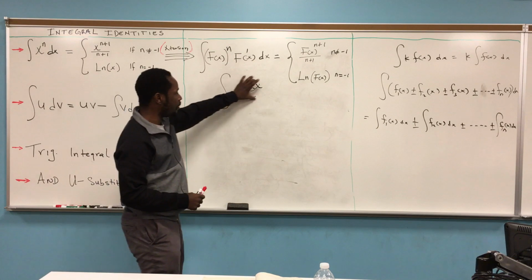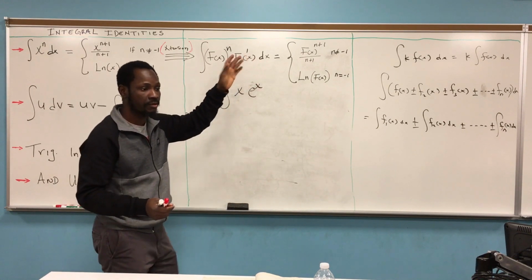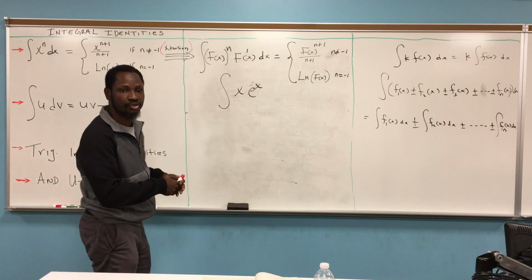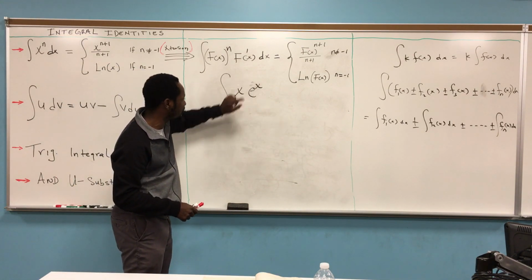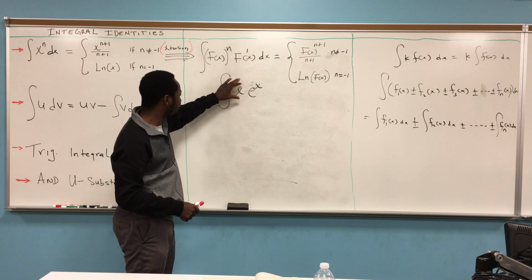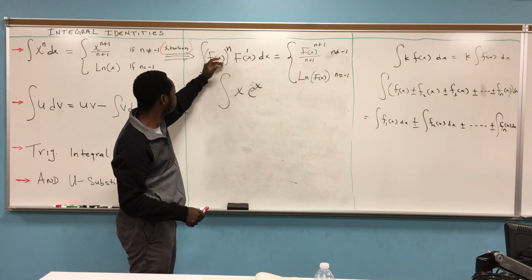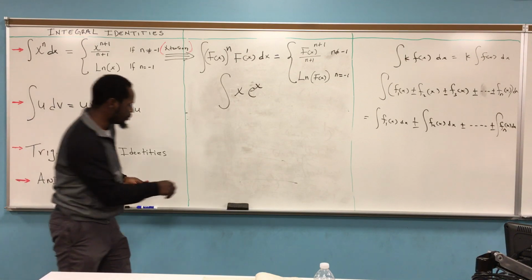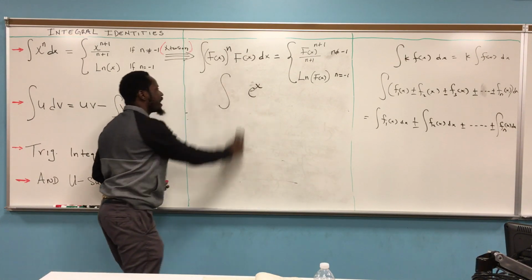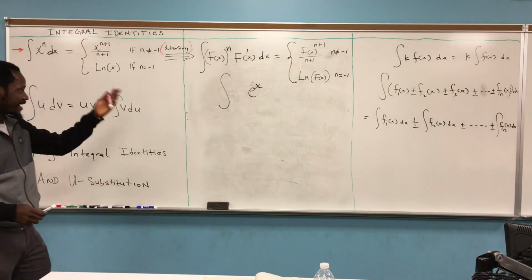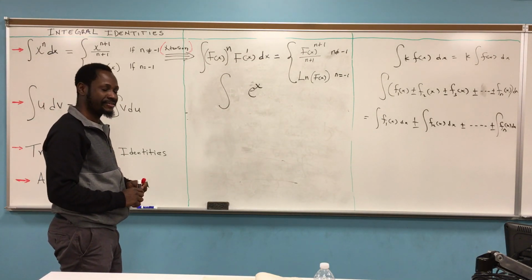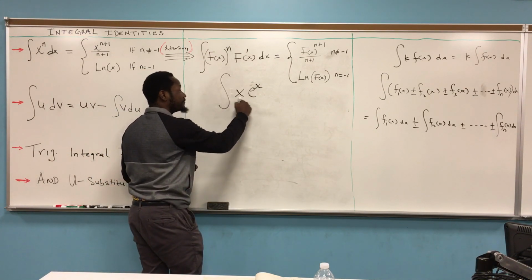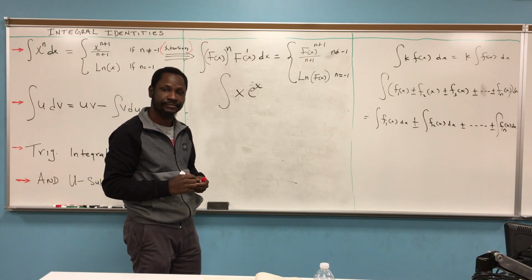I don't know how I could evaluate this product, and I cannot use U-substitution, because if I take the derivative of this, I don't get this. Likewise, if I take the derivative of this, I don't get this. So this cannot work. But I know that if I don't have this guy there, I can integrate this. But my problem is when I have the product, I cannot integrate.